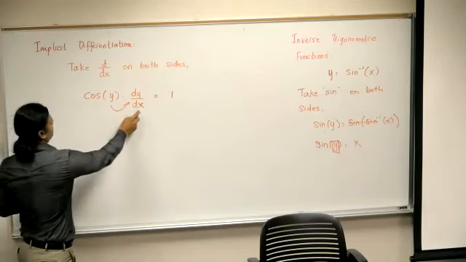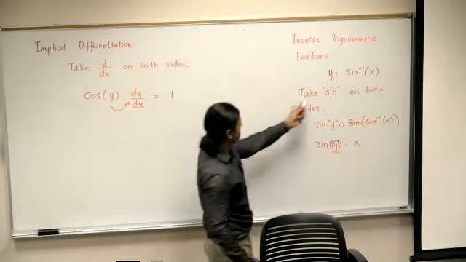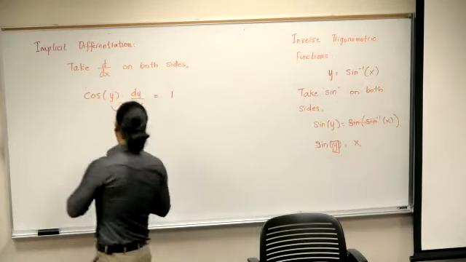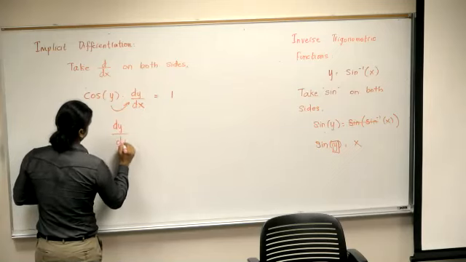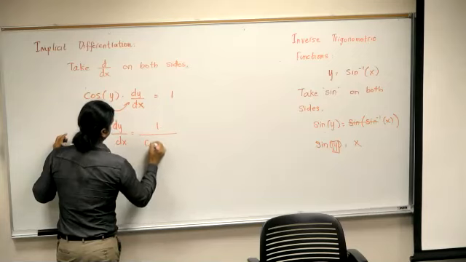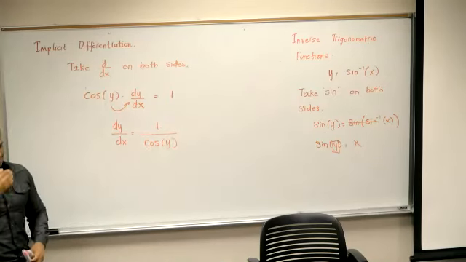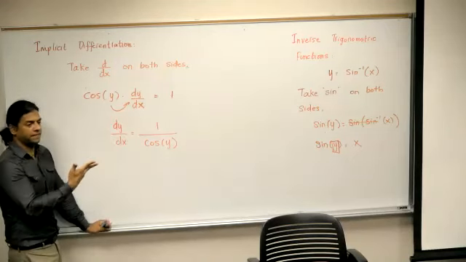So we have the derivative of y now, well, y is the inverse sine of x. So we found its derivative. So the derivative depends on y in an implicit sense.